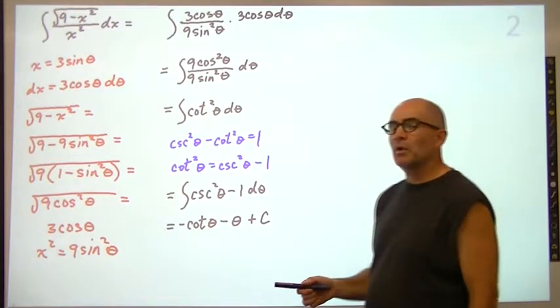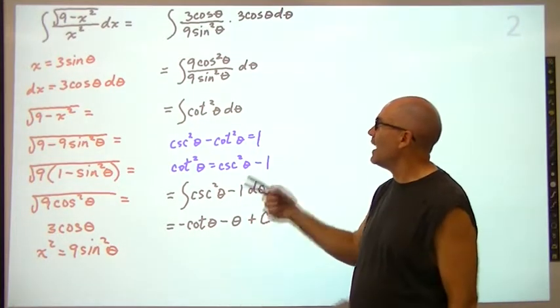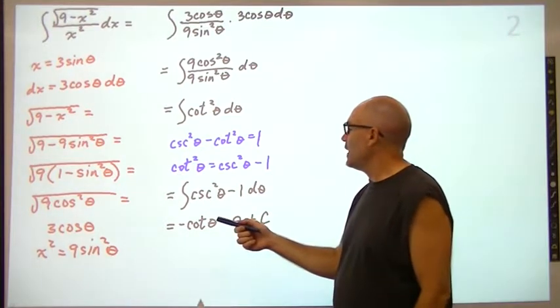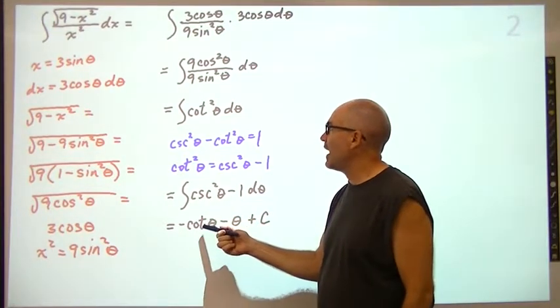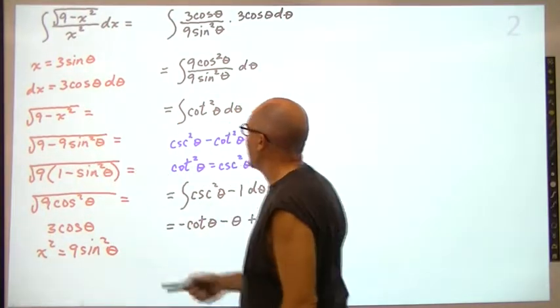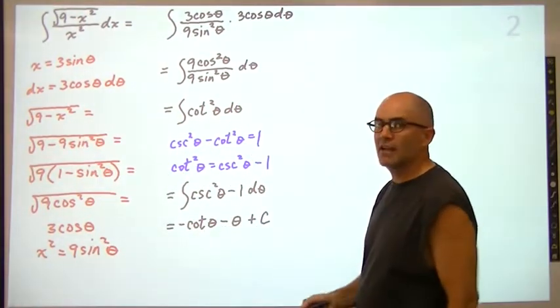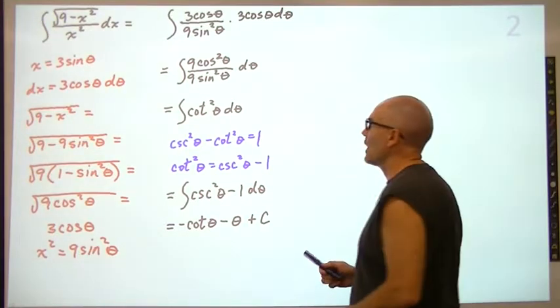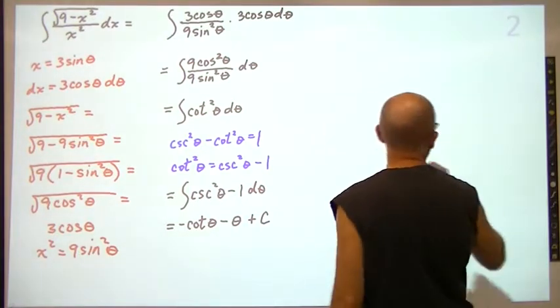Now, just like when we did a u substitution, we need to get our x's back. Well, we have to do the same thing here. So we need to get x's back, knowing that x is 3 sine theta, and we have a cotangent theta. So what we're going to do is use a right triangle to help us out with this.